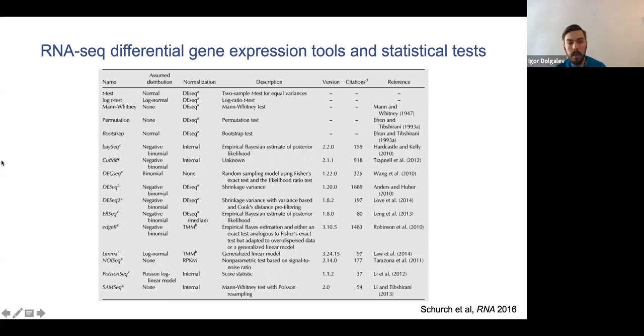You can also adapt it for the log normal. You can use Mann-Whitney, and then there are a number of more specialized tools that try to modify the known statistical tests to fit the distribution that's expected from the RNA-seq data.